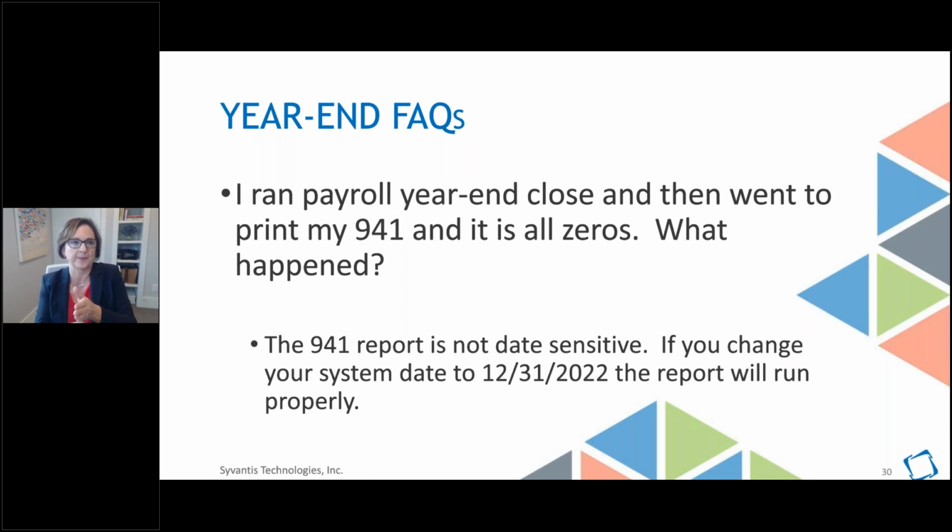So if I have a January 15th, 2022 date on my system, it's going to say this is the 2022 year, and it's going to run this for 2022. But if I change my system date to 12/31/2021, the report will run properly.